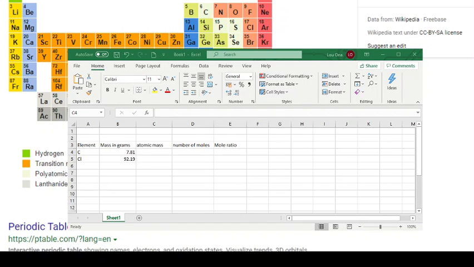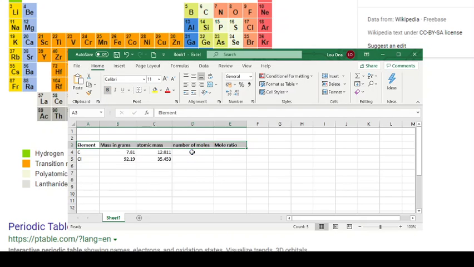For carbon, that is 12.011, and for chlorine, that's 35.453. That's correct. I'm going to check on that. Okay, so after that, we have our atomic mass 12.011 and 35.453. You can use your calculator now for us to find the number of moles.